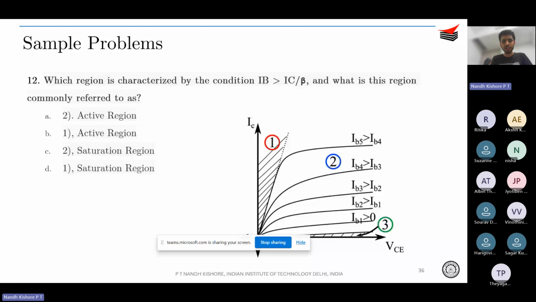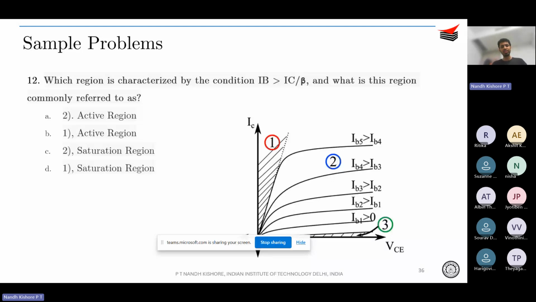Which region is characterized by the condition IB more than IC by beta, and what is this region referred to as? We just did one of the previous questions based on this condition, right? That is, IB is more than IC by beta. That is, you're pushing enough IB. Let's say we take this particular operation, so you have your IB over here and you have the linear region perhaps till this point.